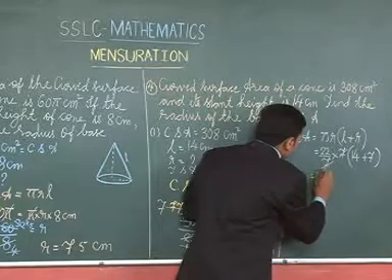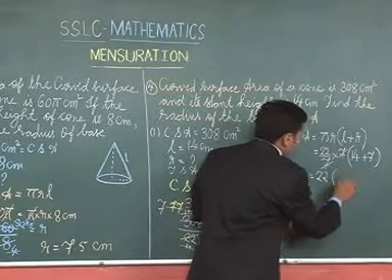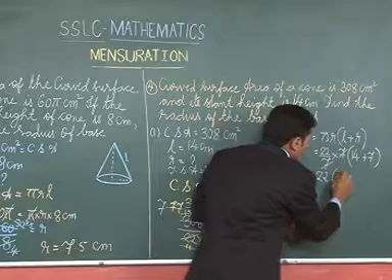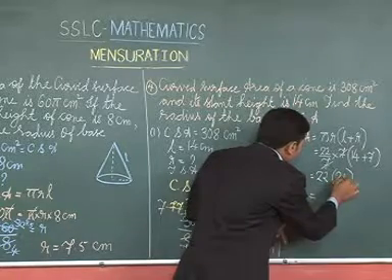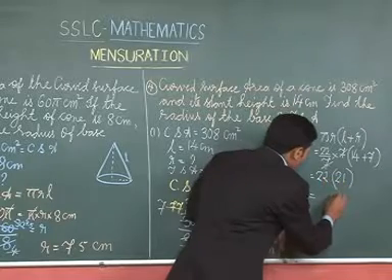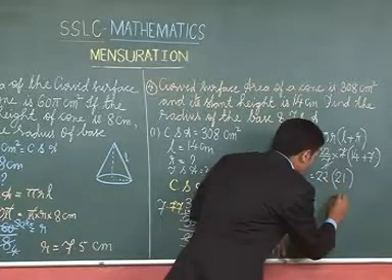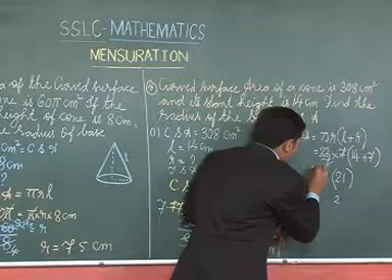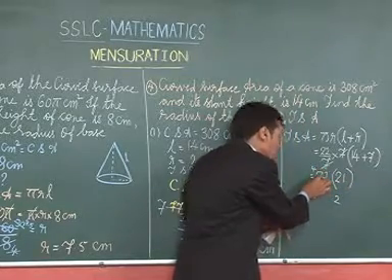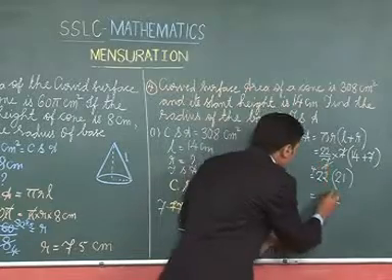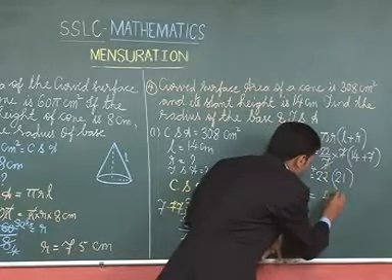So we get 22 into 14 plus 7 is 21. So multiply this. Now 21 into 2, that gives you 42, 4 is carried. Again 21 into 2, that gives you 42, plus 4, that gives you 46.